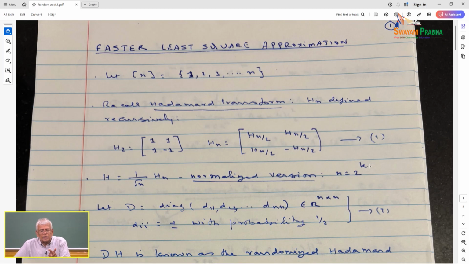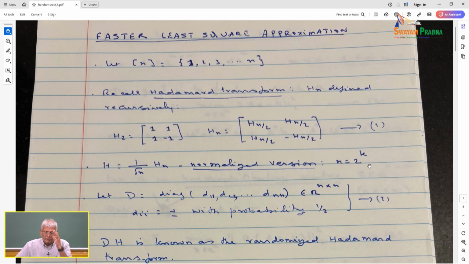That means, if I pick any two distinct columns, they will be orthogonal, but the square of the inner product of a column with itself will not be unity, it will be n. Therefore, if you divide each of these matrices by square root of n, the nth order Hadamard matrix, you get orthogonal matrices. That means the inner product of a column vector with itself will be unity.